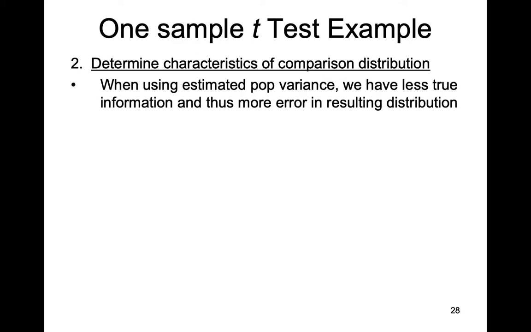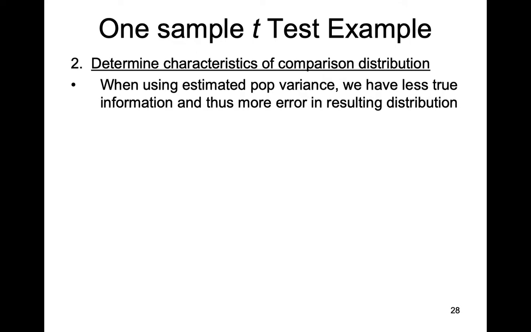This is one other kind of difference between moving from a z-test to a t-test. Previously, we were able to use the standard normal distribution as our comparison distribution. We knew that the distribution of means would follow a standard normal distribution.